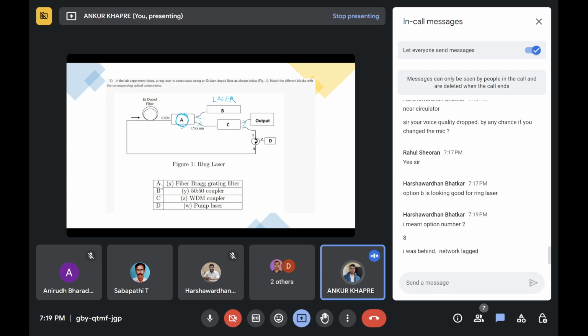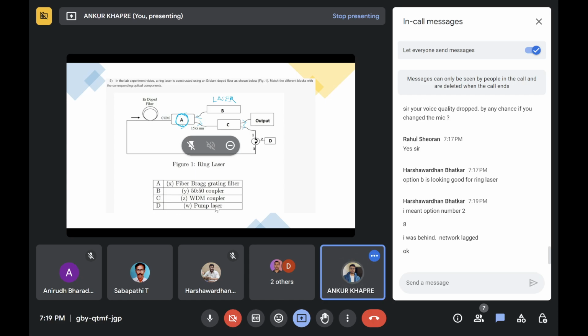Here you have to assign the component names. So A is here WDM coupler. B is like pump laser. C is what? C is here 50-50 coupler. And D is fiber Bragg grating filter. Okay. Now you got it?